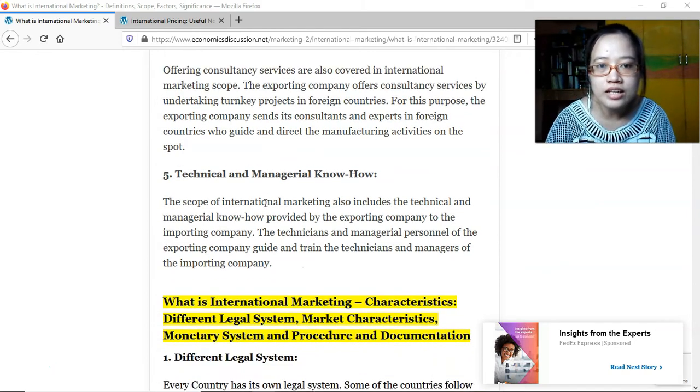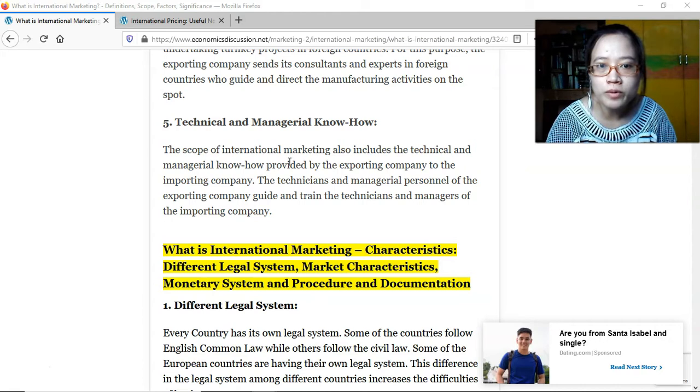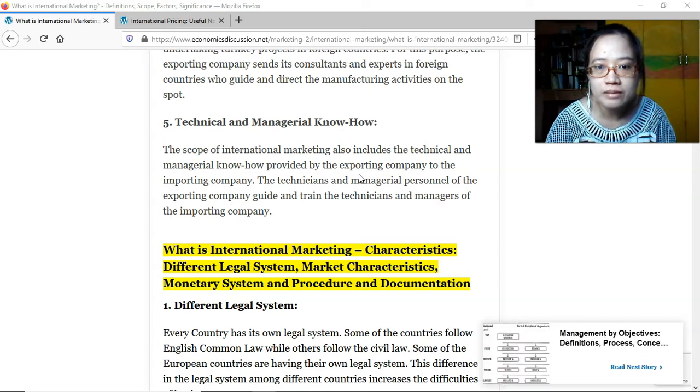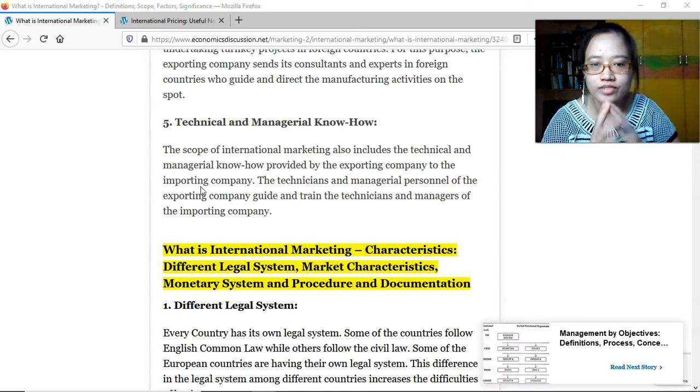Okay. Technical and managerial know-how. The scope of international marketing also includes the technical and managerial know-how provided by the exporting company to the importing company. Export, going out; importing company, going in.